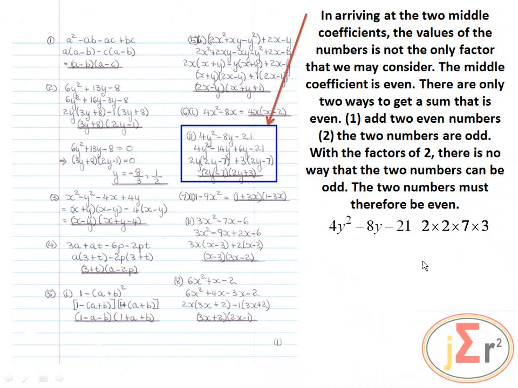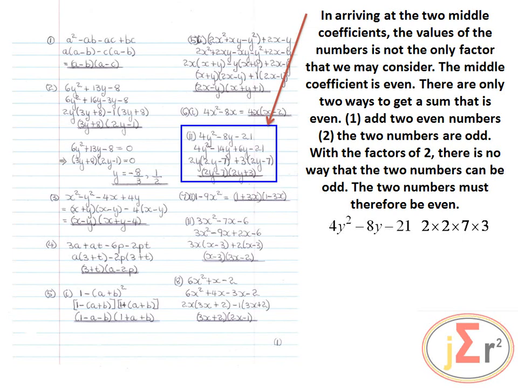In arriving at the two middle coefficients, the values of the numbers are not the only factor that we may consider. The middle coefficient is even. There are only two ways to get a sum that is even. 1. Add two even numbers. 2. The two numbers are odd.